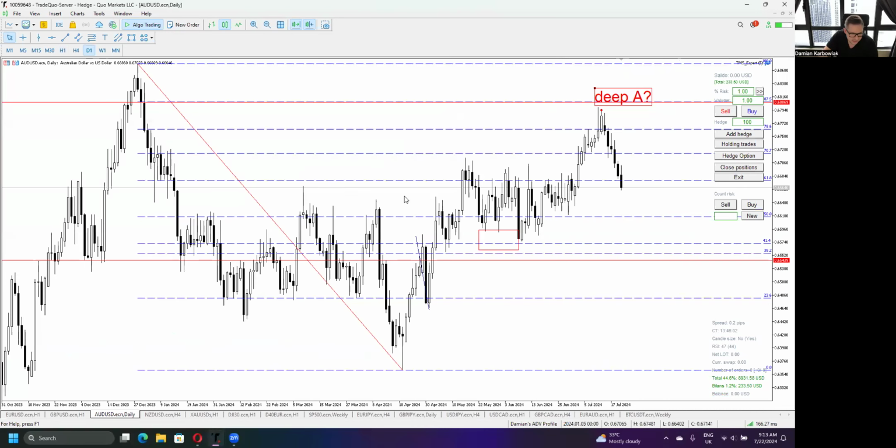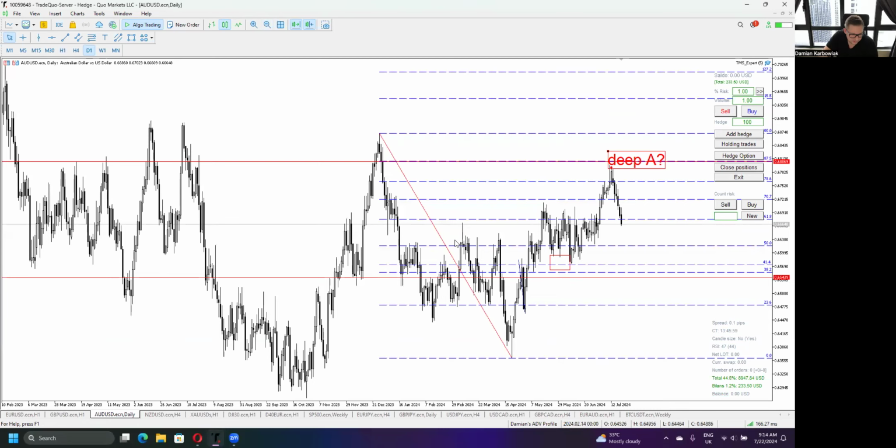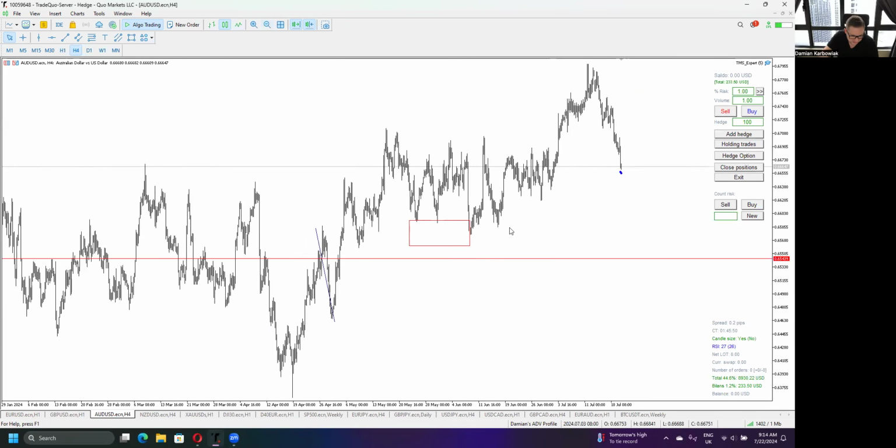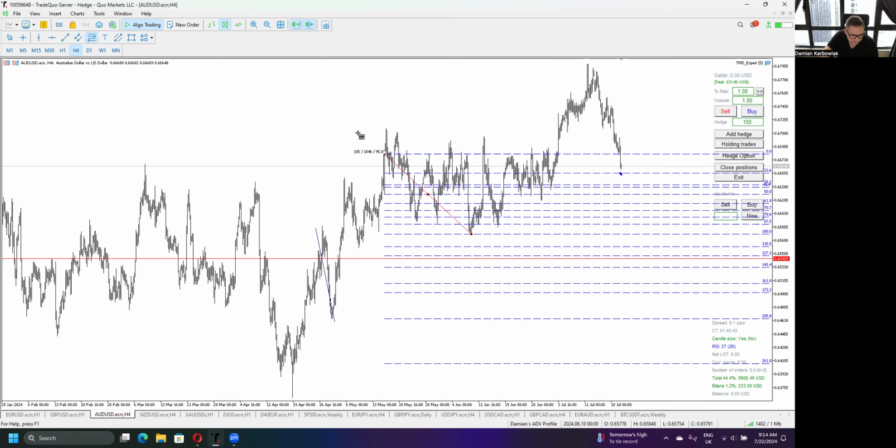All right. Audi USD. What we have here? We have a deep A. Is this deep A confirmed? Let me see. To make sure if the deep A is confirmed or not, we have to find the biggest correction in the last movement, and I guess that the biggest correction is right here.